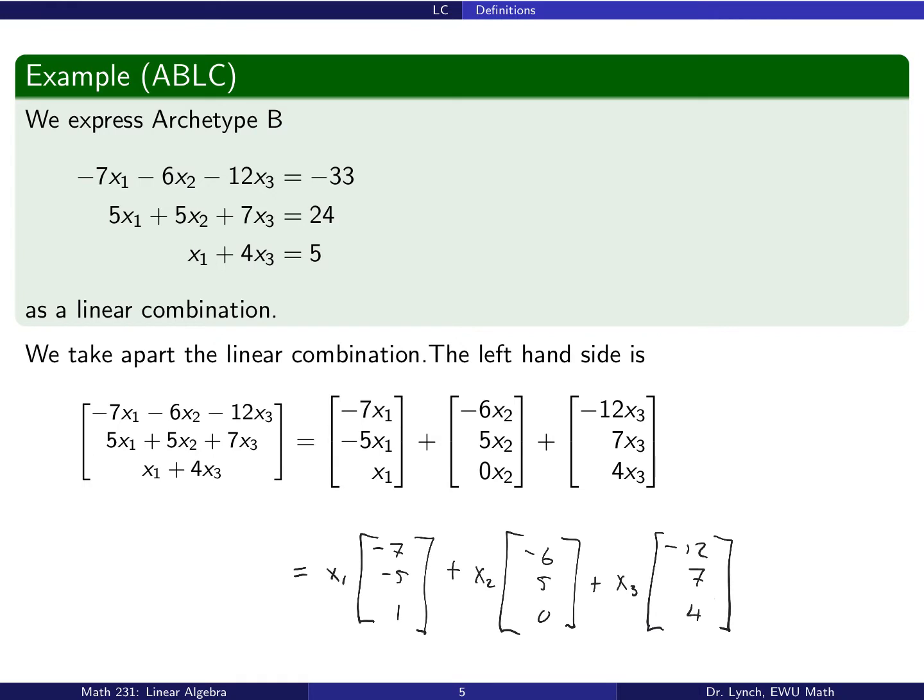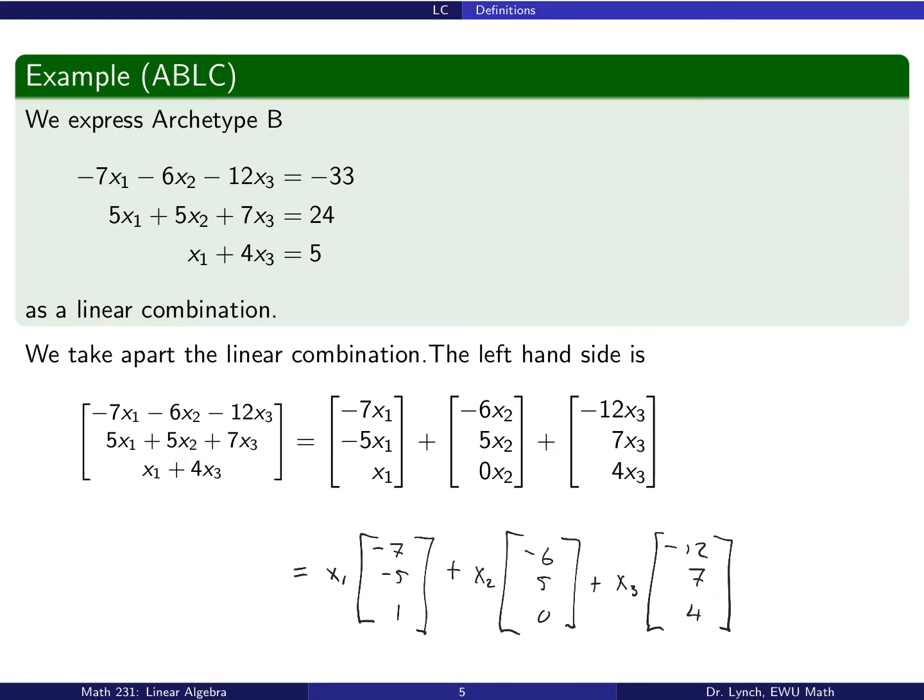Okay, so the left-hand side we know we can take apart into 3 vectors, and then of course we know that x1 here acts as a scalar, so we know how to take apart that vector addition and scalar multiplication into this linear combination of vectors, right?